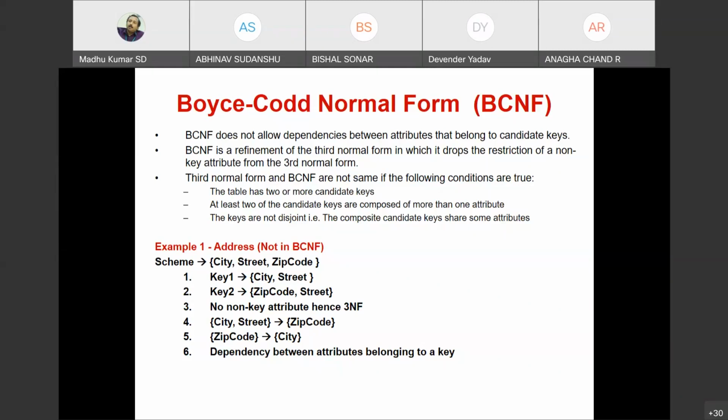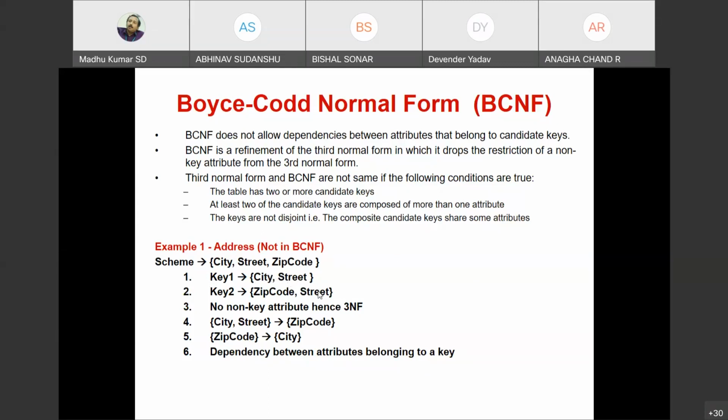So what can be a solution to avoid this? Here it is actually satisfying third normal form. When you take the first one as the primary key, pin code is fully dependent on city and street. Or zip code and street determines city.